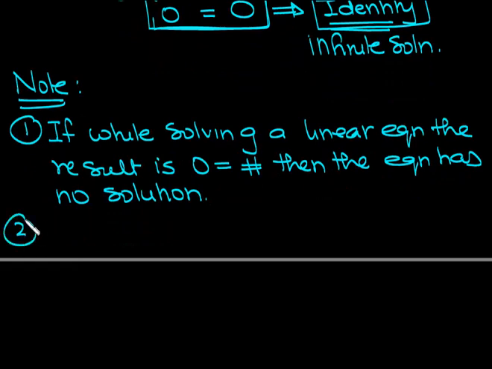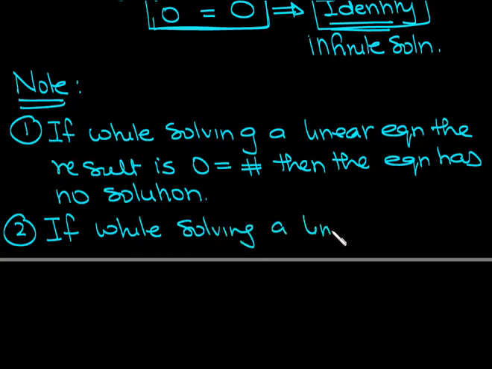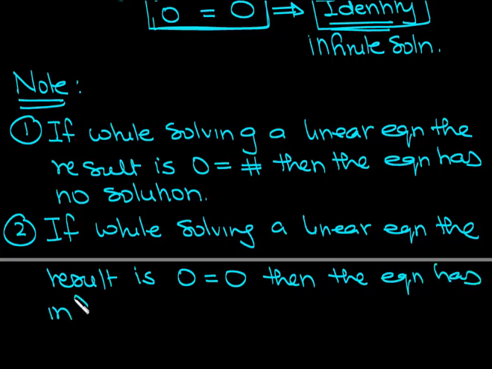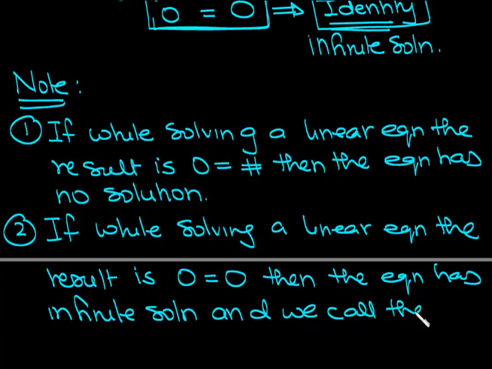Okay. The second thing you need to know is, if while solving a linear equation, the result is 0 is equal to 0, then the equation has infinite solutions, and we call the equation an identity.